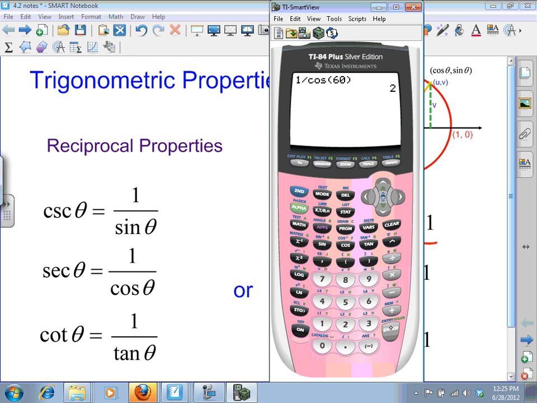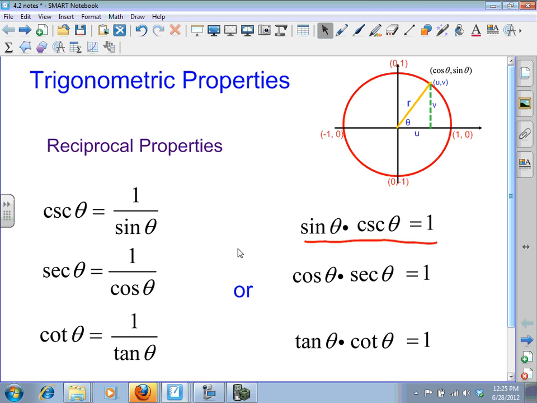So this better come up to be 2. Yay, it does. I'm in degree mode. And so that's how we actually calculate these secondary trig functions, cosecant, secant, and cotangent, because we do not have those buttons on our calculator. Okay, enough of that. Those are called reciprocal properties because they're based on reciprocals.